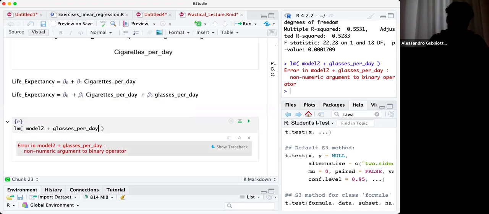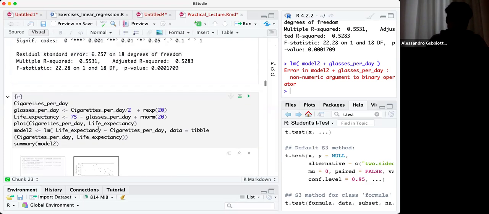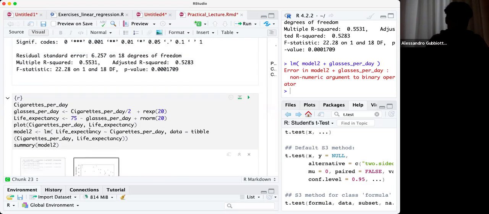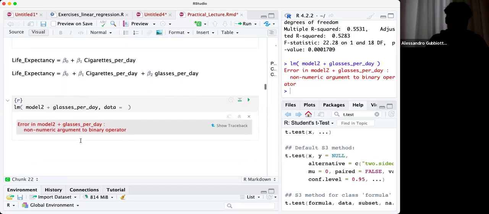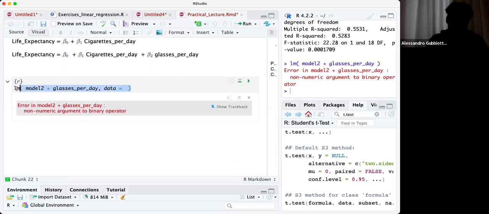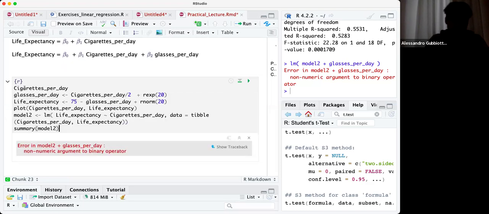Okay, I cannot do it in this way. So data equal to, I copy and paste all this code here. Maybe let me save the data into a variable also.